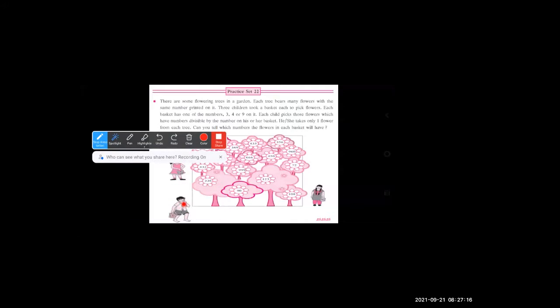Each basket has one of the numbers: one is having 3, another basket is having the number 4, and this child is having the number 9 on it. Now, each child picks those flowers which have numbers divisible by the number on his or her basket.